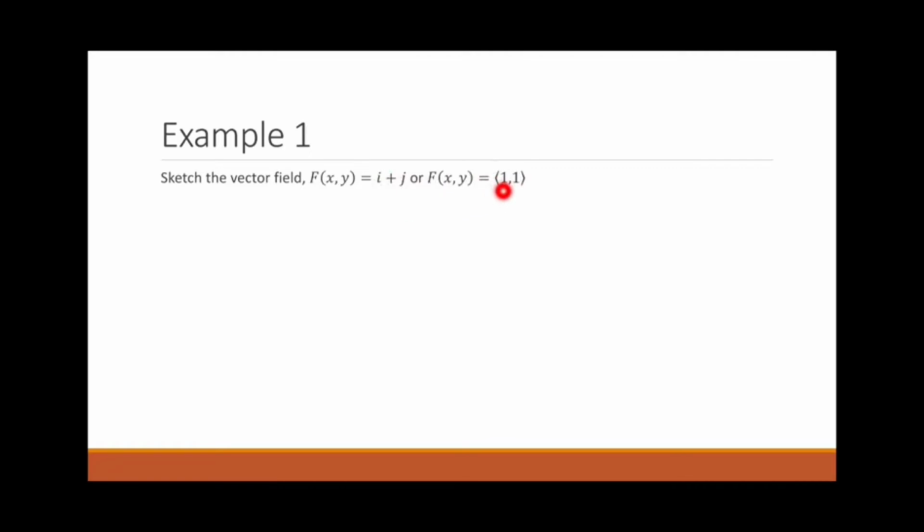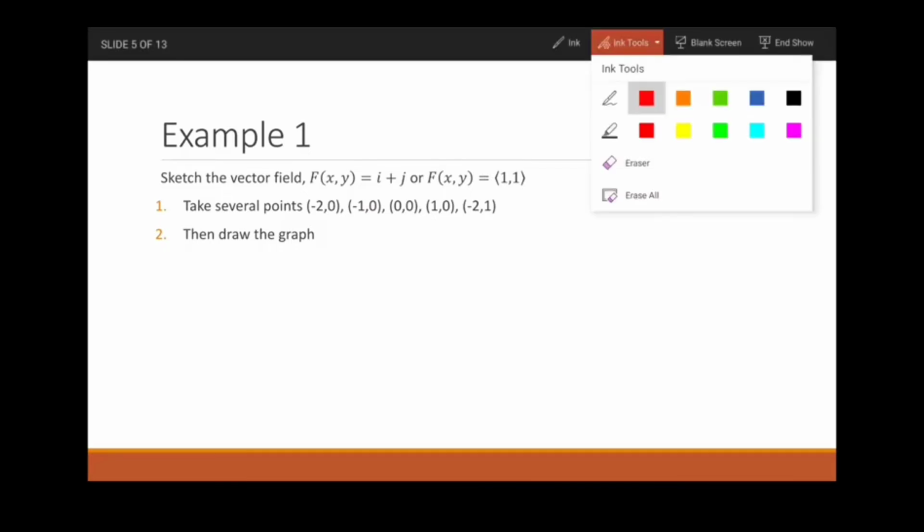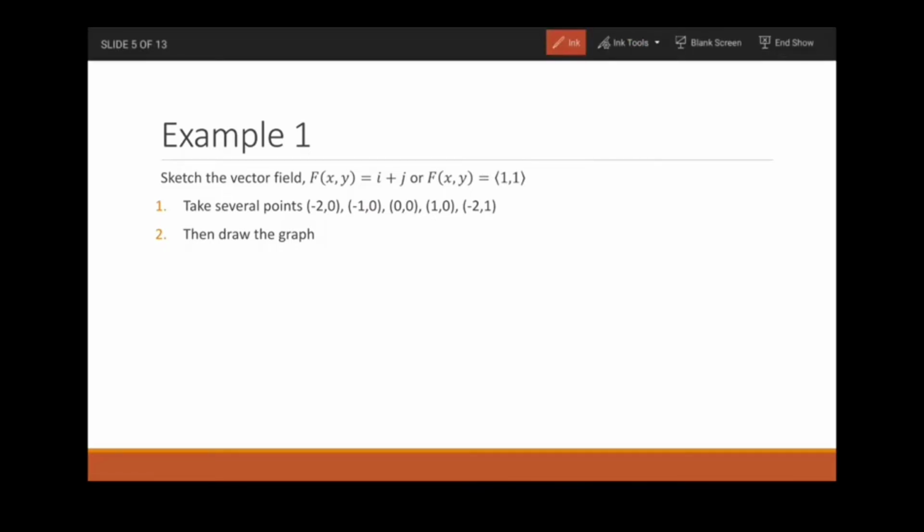Both are similar, the meaning is similar. Take several points. You can take any point you assume. For example, these are the several points that I choose. Then draw the graph.